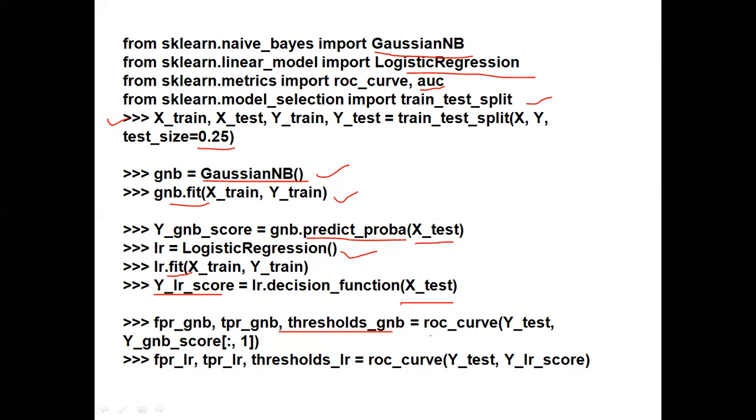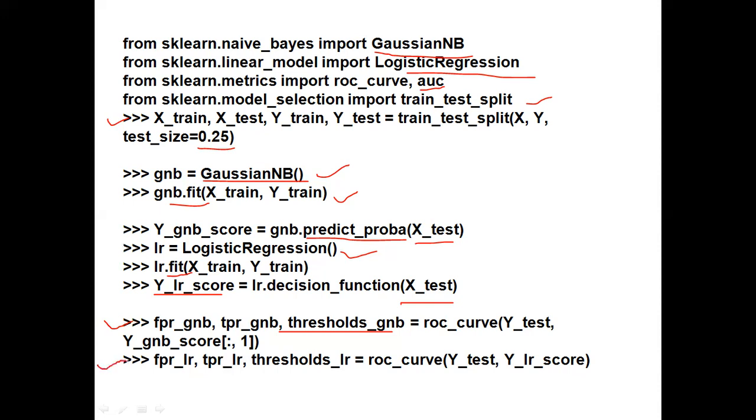Not only do we want to print the sensitivity of this Gaussian Naive Bayes classifier, this statement calculates the ROC curve for the Gaussian Naive Bayes classifier, where we are fetching the false positive rate and true positive rate of the Gaussian Naive Bayes classifier.